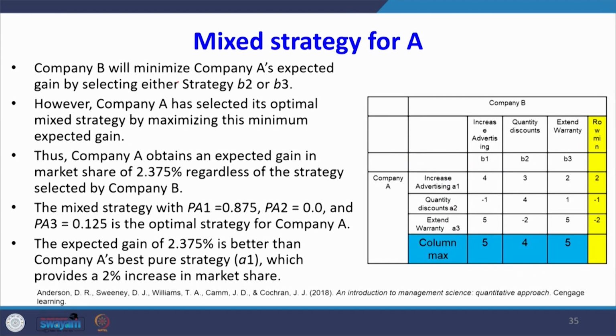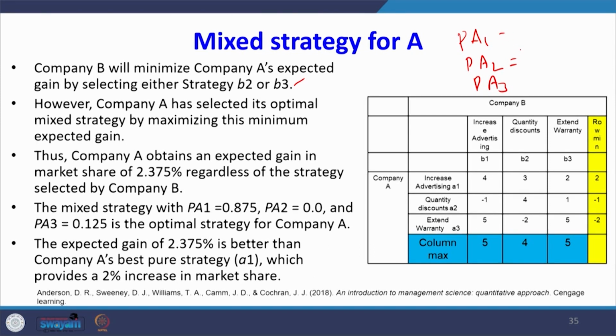Company B will minimize company A's expected gain by selecting either B2 or B3. However, company A has selected its optimal mixed strategy by maximizing this minimum expected gain. How has it selected? Because we have given some probabilities PA1, PA2, PA3.